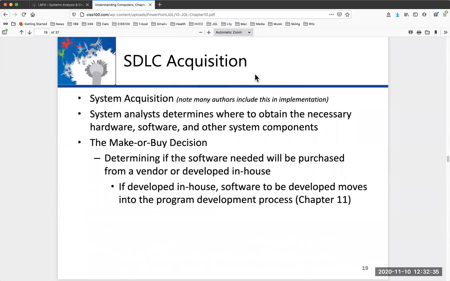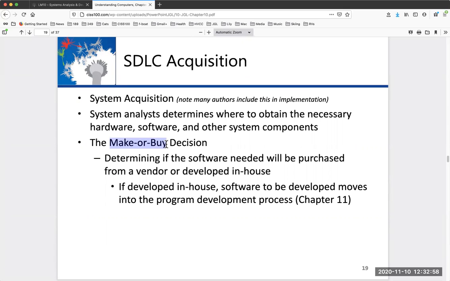Okay. Acquisition. Now, this book creates a separate phase for acquisition. Typically, most texts and most courses will treat this in the implementation phase, not as a separate phase. But one of the things that you'll have to determine in terms of software is the make or buy decision.